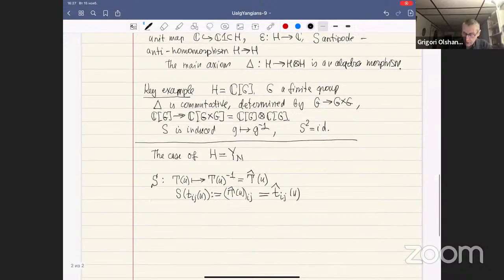In more detail, our generators: if we want to define an anti-homomorphism, it's enough to define it on the generators, and by definition it goes as follows.